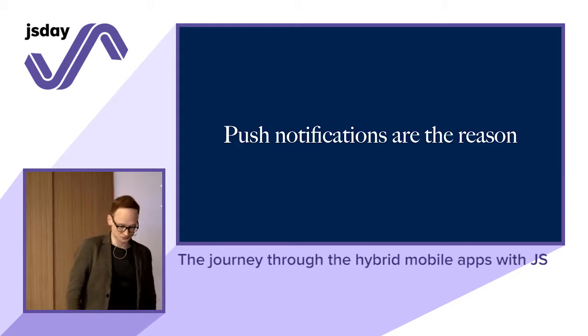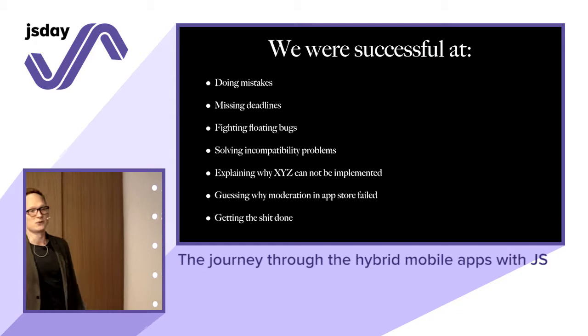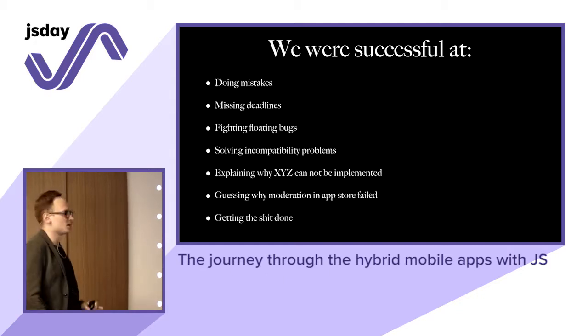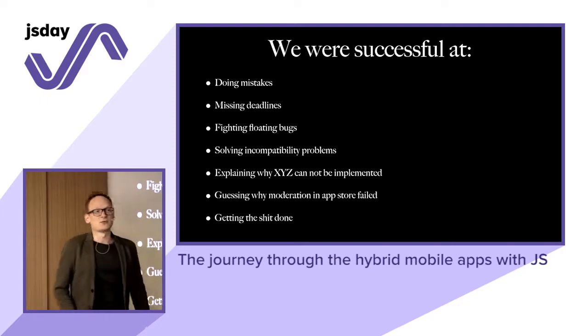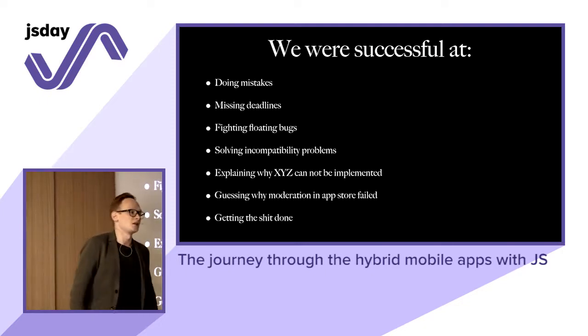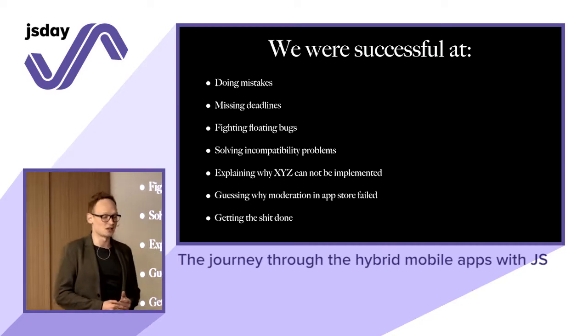As a company and a team, we were successful at a couple of very important things, and we made many mistakes, we missed many deadlines. We fought with bugs which nobody understood how to fix, and it took significant parts of our development time.